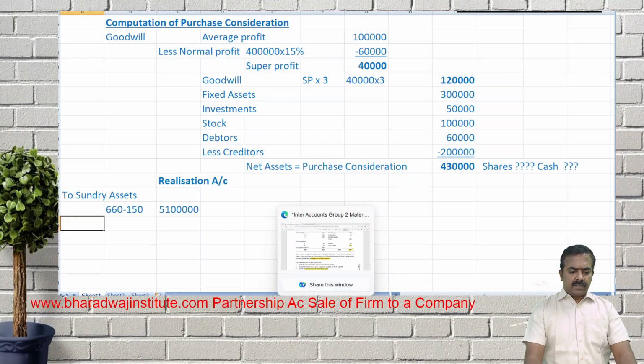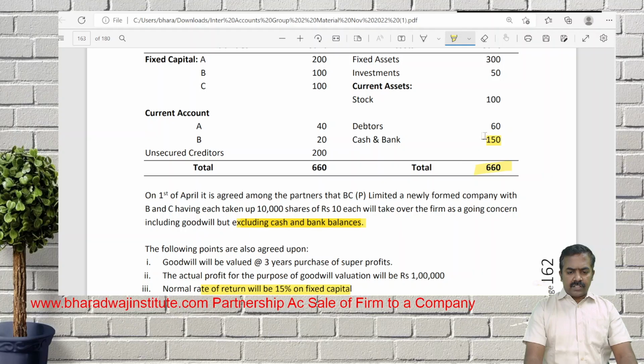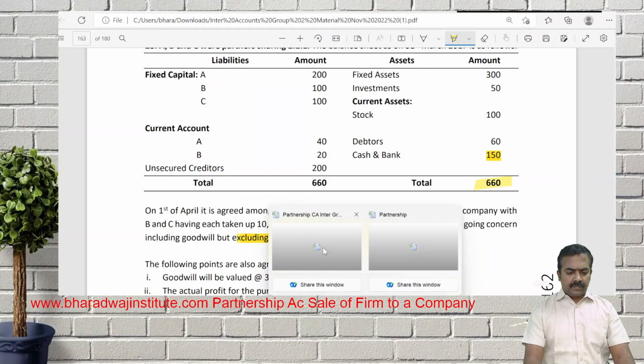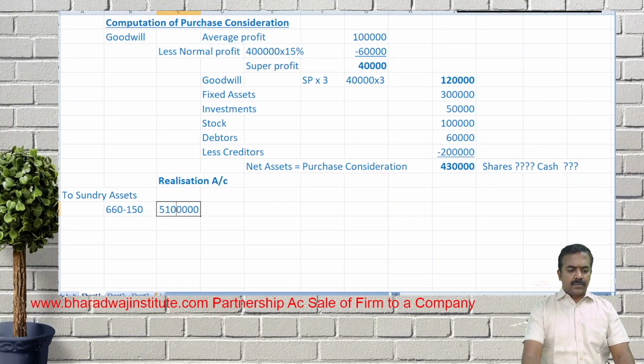Minus 150 for cash and bank, that's why we are not transferring it. Otherwise fixed assets, investment, stock, debtors, 660 minus 150, so 5,10,000. Then what are the liabilities? By creditors. How much? 2 lakhs.